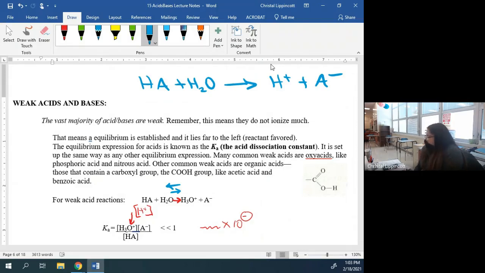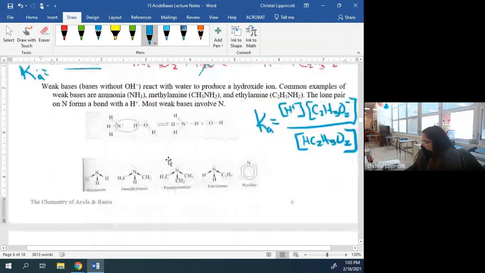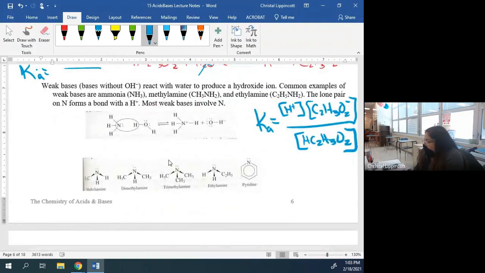All right. But we do have the Ka and Kb for weak acids and bases, and that's what we were talking about today. So with weak bases, how they work is if we've got our ammonia here, which is NH3, what will happen is a molecule of water will come by, and this lone pair of electrons on this nitrogen here will end up pulling that hydrogen away and attaching it.